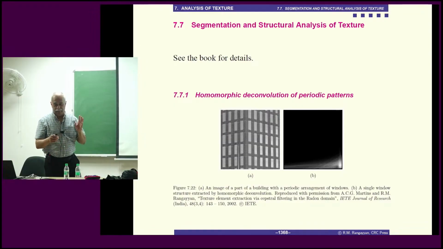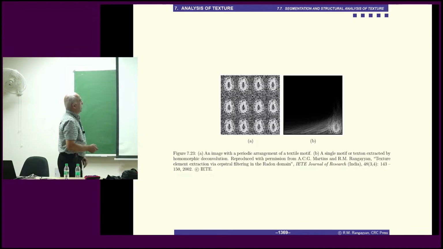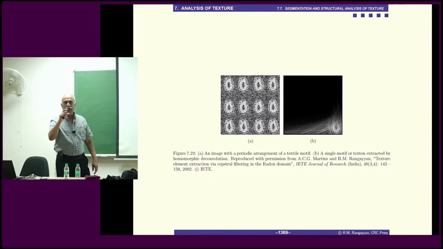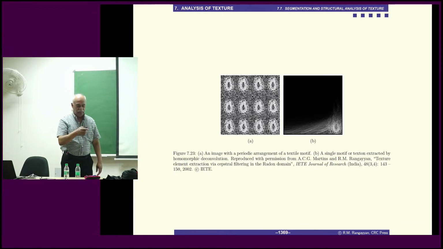The method has practical difficulties. We digitized a piece of cloth with some repeated motif, this flower pattern, and we got that by deconvolution, extracting one motif out of a periodic presentation of that.